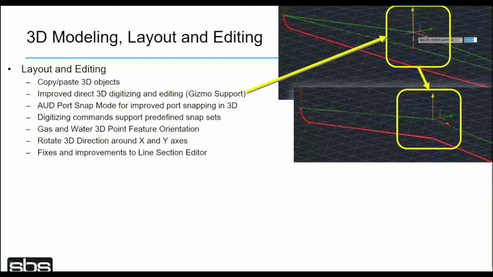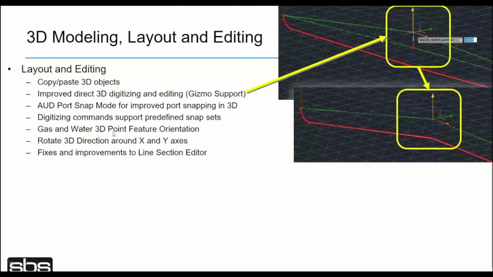So you can copy and paste the 3D objects, although it's still not supported for relationships. That said, the replace command is now enabled to support those relationships as needed for now. So between those two supporting features, you can do basic copy and paste in 3D, or you can use the replace command to copy with full relationships and connectivity.